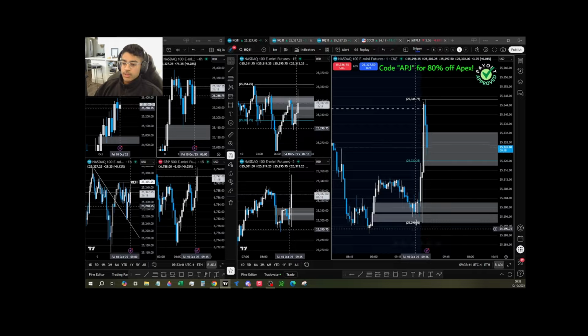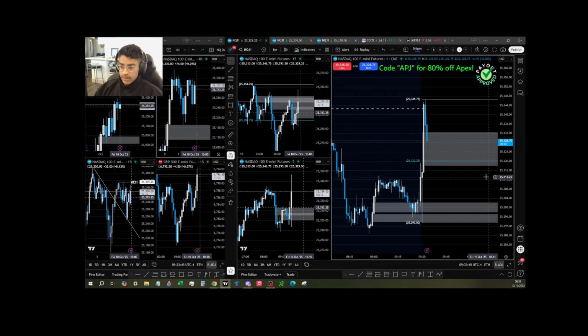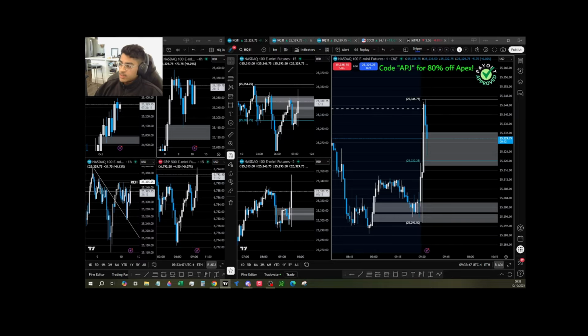So high of New York range, low of New York range here. We have equilibrium at 320. Not necessary that we tap back into that, but just something to be aware of.